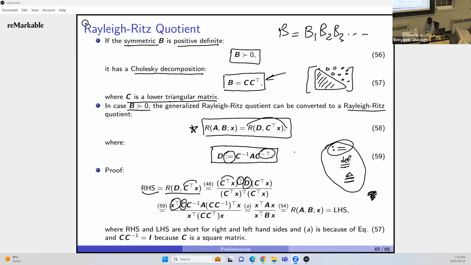I'm replacing it with its definition in equation 59. Also, what is this? This is C inverse transpose C transpose. So C transpose is here and C inverse transpose is in the definition of equation 59. Then I have X.